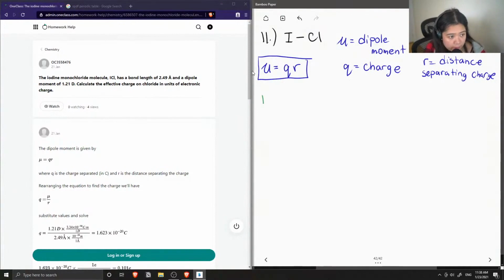So if we recall that 1 D or 1 debye is the same thing as 3.34 times 10 to the negative 30 coulomb meters, and also 1 angstrom is the same as 10 to the negative 10 meters. So now let's first solve for charge.